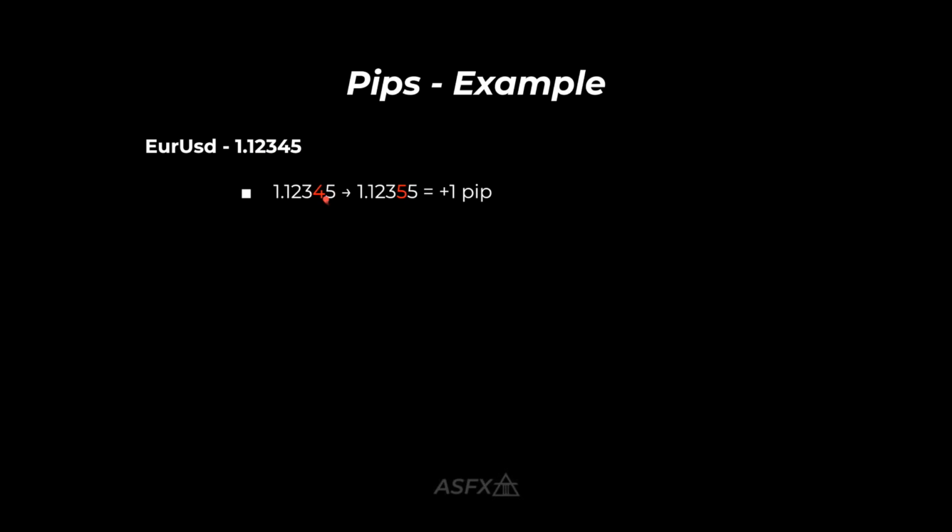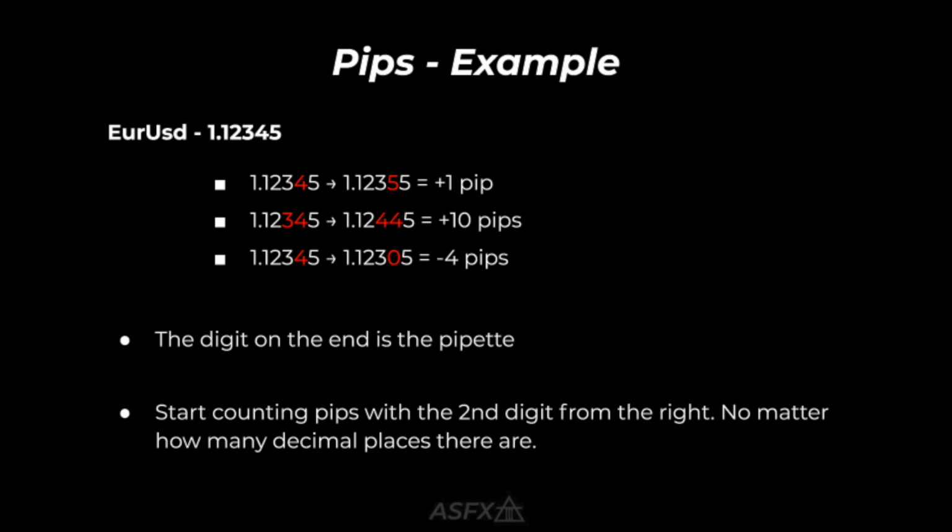We can look at that and see if the 34 changes to 35, that's an increase of 1 pip. If the 34 changes to a 44, that increases us by 10 pips. So you can see the second digit from the right when you're reading a currency pair is your ones placeholder when counting pips. The third digit from the right is your tens placeholder when counting pips.